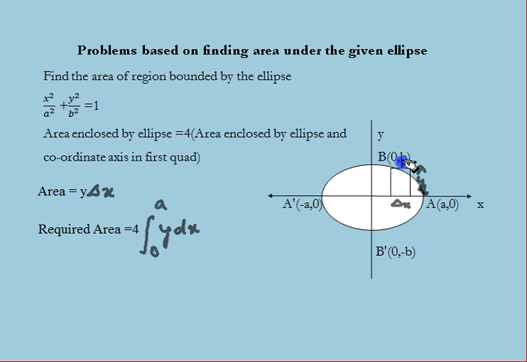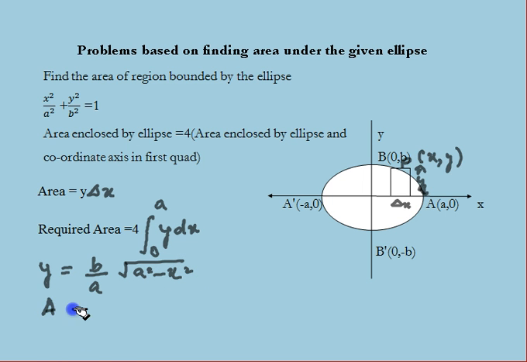Now since point P with coordinates x and y lies on this ellipse whose equation is x square by a square plus y square by b square equal to 1, therefore y is equal to b by a root of a square minus x square.